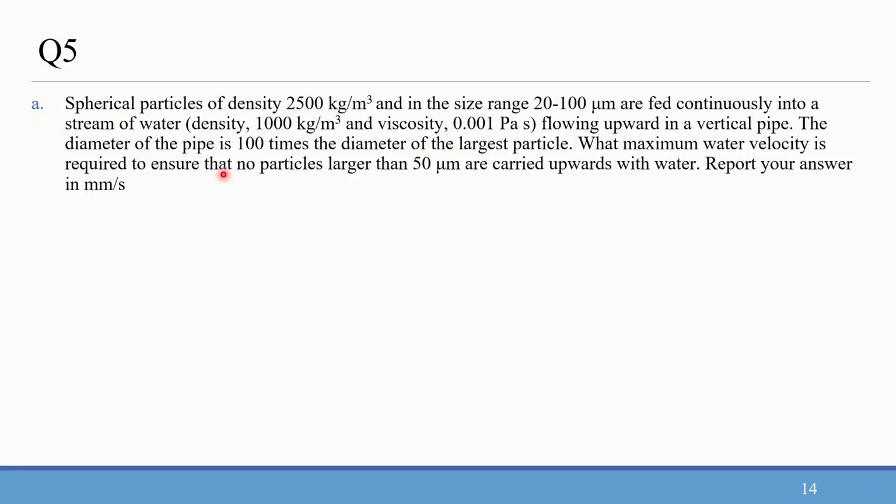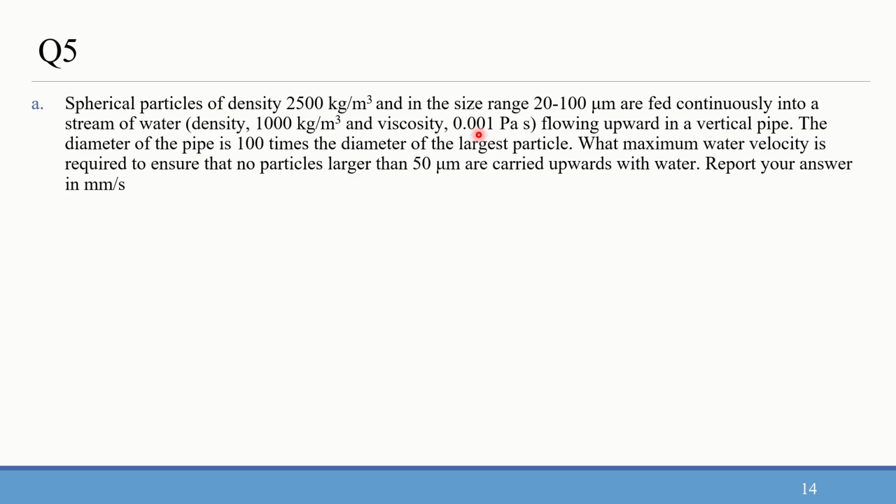In the question, it was clearly asked that spherical particles of density 2500 kg per meter cube and in the size range of 20 to 100 micrometer are fed continuously into a stream of water whose density is 1000 kg per meter cube and viscosity is 0.001 pascal second, flowing upward in a vertical pipe. The diameter of the pipe is 100 times the diameter of the largest particle. What maximum water velocity is required to ensure that no particle larger than 50 microns is carried upwards with the water?